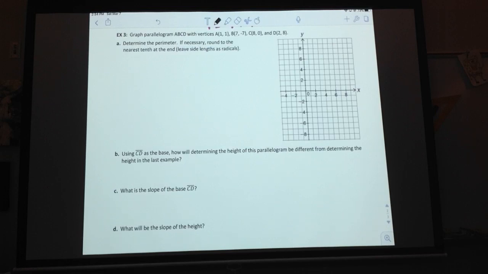Graph this parallelogram. So A is at 1, 1. B is at 7, negative 7. C is at 8, 0. And D is at 2 and 8. All the way up there.